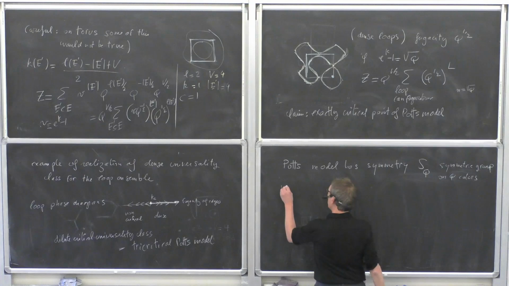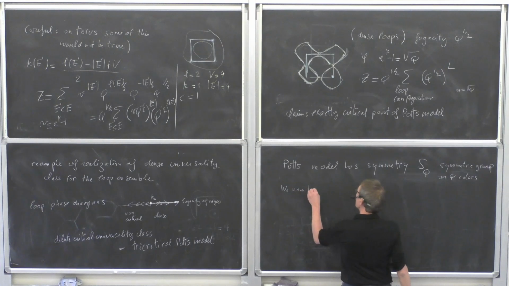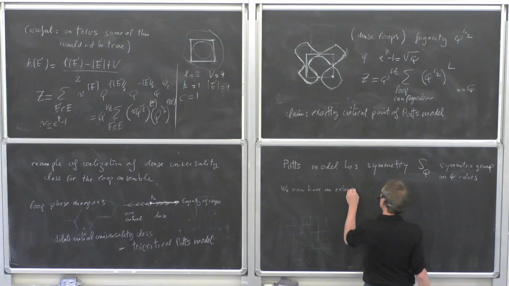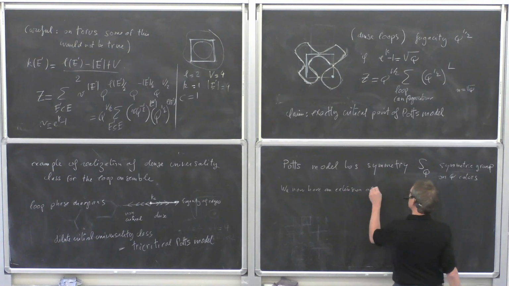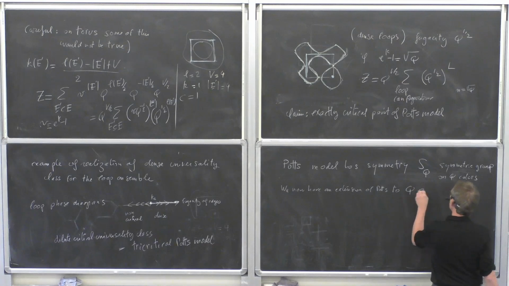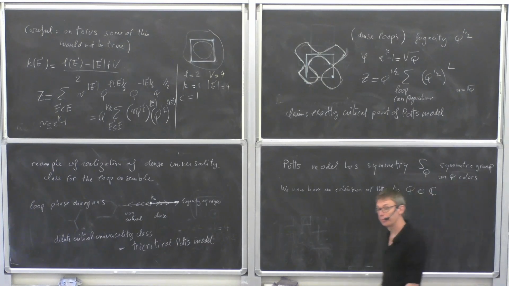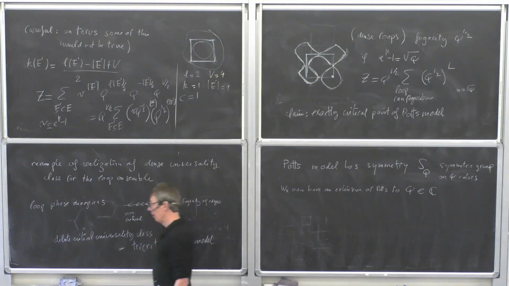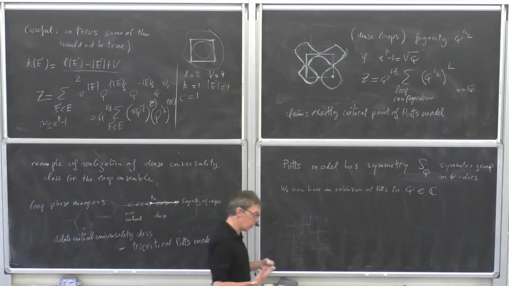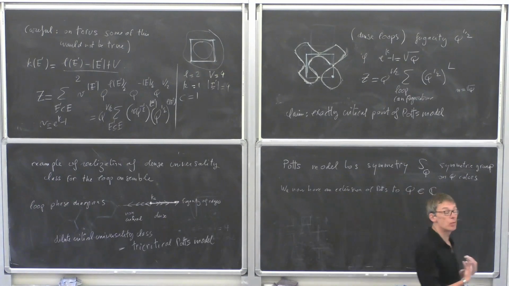So we now have an extension of Potts to Q really belonging to the complex numbers. This means implicitly we have to ask ourselves the question, what is the meaning of the symmetric group when Q is complex?